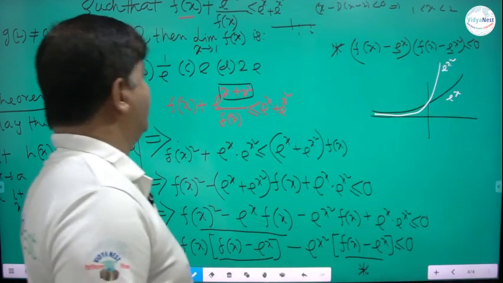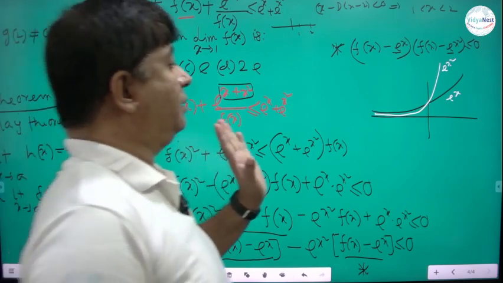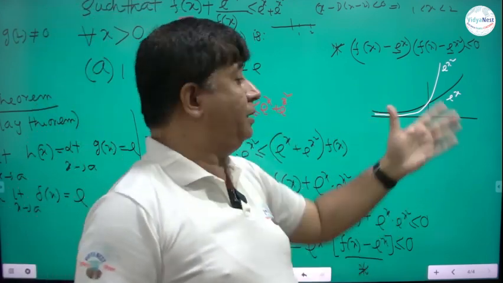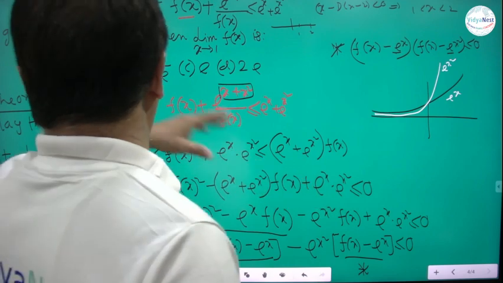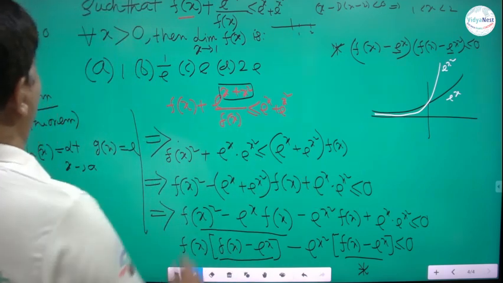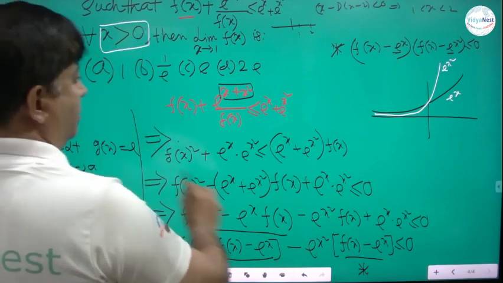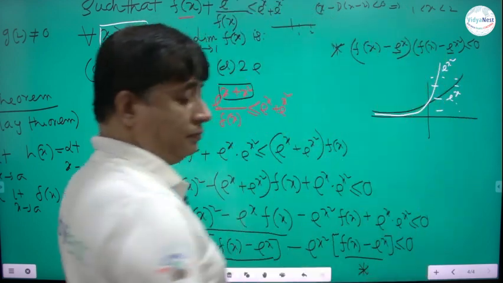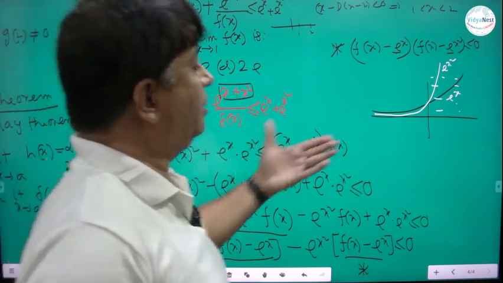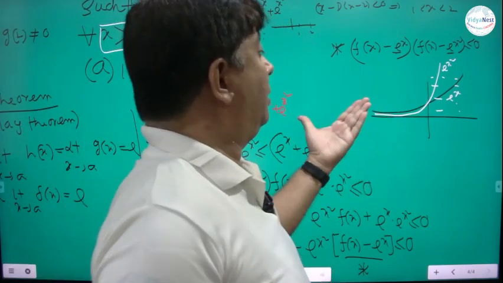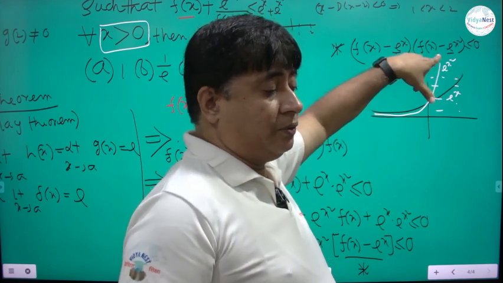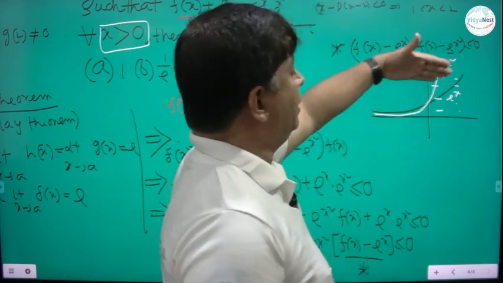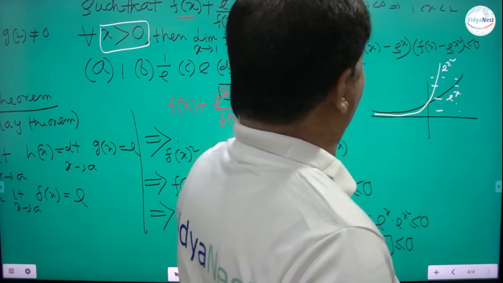Now, you tell me which part of this graph should be taken? Left part or right part? You observe the question. You see, x is given greater than 0. So I will take the right part. Yes or no? So in the right part, which is bigger? Which lies above? e to the power x square will be considered the bigger value, and e to the power x the lesser value.